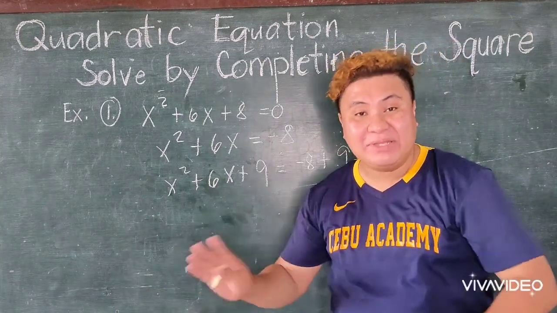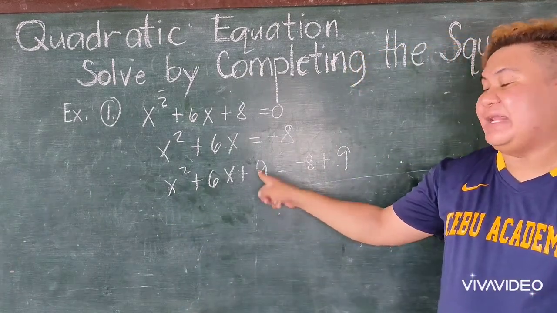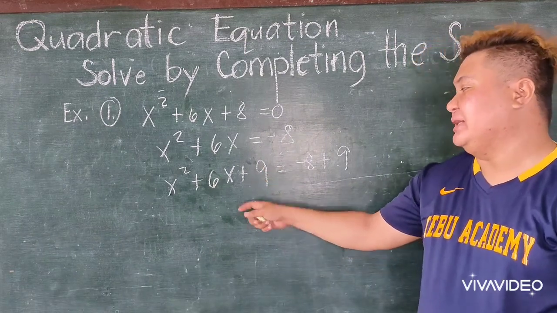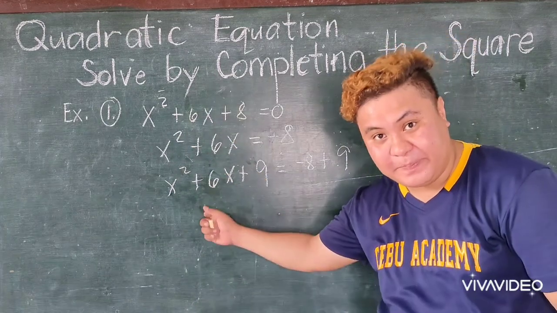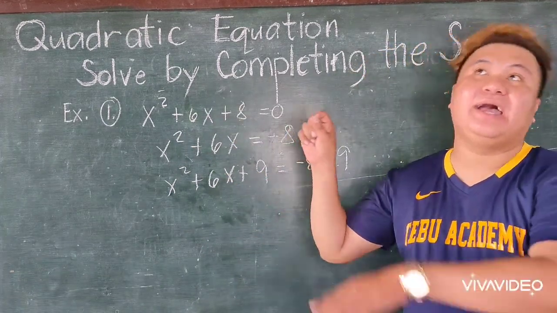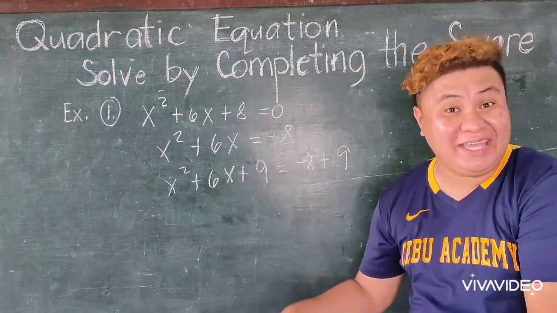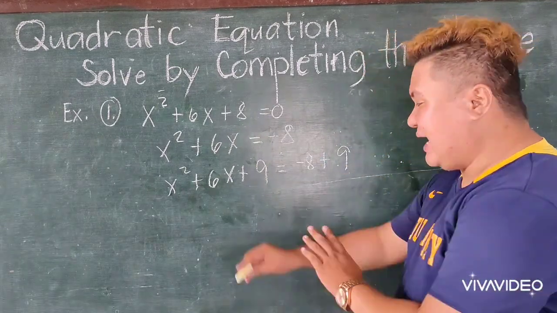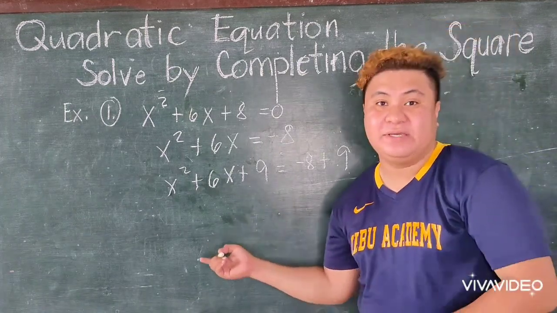If you have taken up factoring, we can now apply it. Again, look at letter C and find the factors of C that, when added, equal letter B. So, factors of 9, which numbers when multiplied equal positive 9? Let's try 3 times 3.